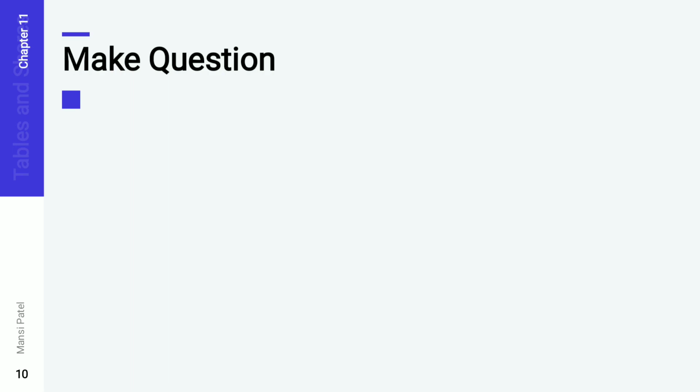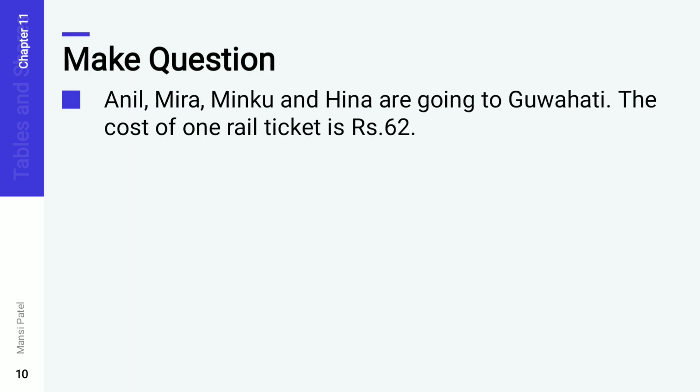Here, your question is Anil, Meera, Minku and Hina are going to Guwahati. The cost of one rail ticket is rupees 62. See here they were given the cost of one thing. And how many children are there? There are 4 children.